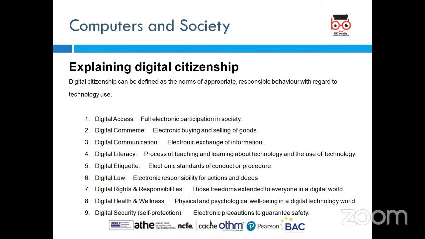So for instance, we can look into what digital citizenship is, where by doing so, we can define the norms of appropriate, responsible behavior with regard to technology use. By citizenship, we are just looking into what our responsibilities are whenever we are dealing with information technology.